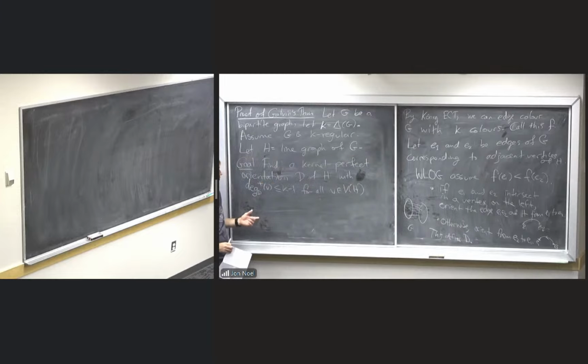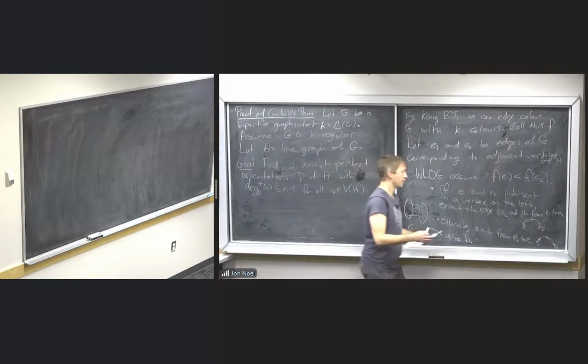Again, I can think of things back in the graph G or in H or in D, like a subset of the vertices of D or the vertices of H, same thing. A subset of the vertices of H is just a set of edges of G, right? H is the line graph, so a subset of the vertices of H is a subset of the edges of G.